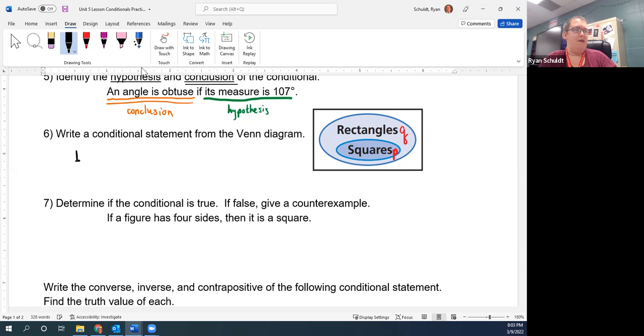So we could say, if a shape is a square, then it is a rectangle.